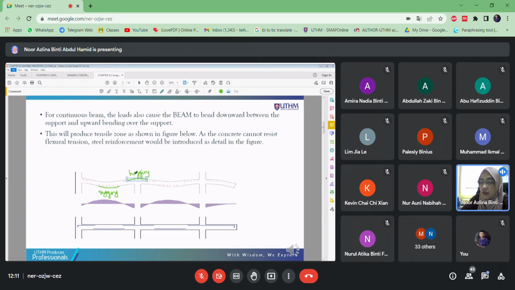This is sagging, hogging part, sagging, and hogging part here. This is how the continuous beam reacts, resisting all the load. So that means there will be tension at the bottom, and tension at the top one, especially at the support here.